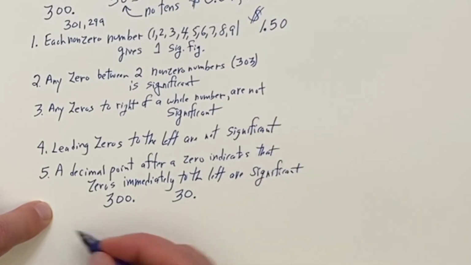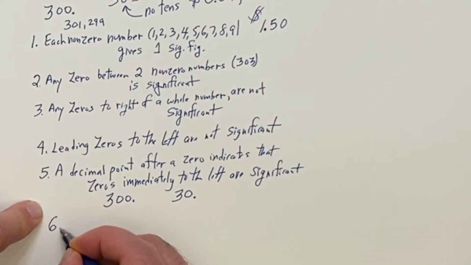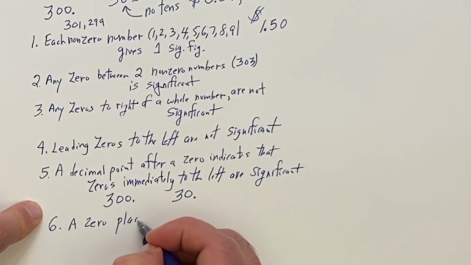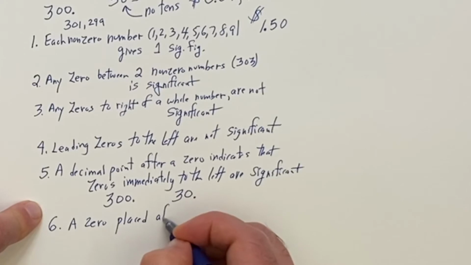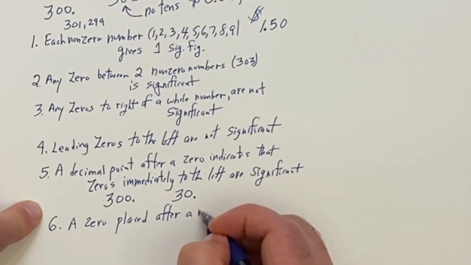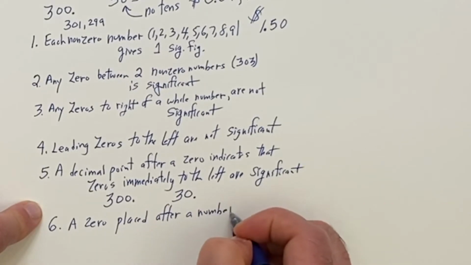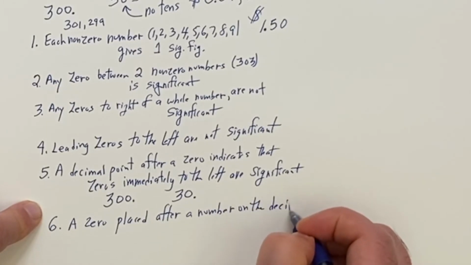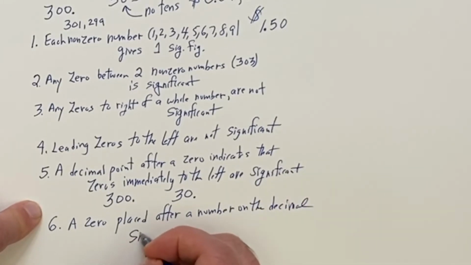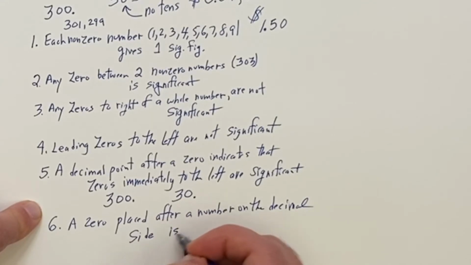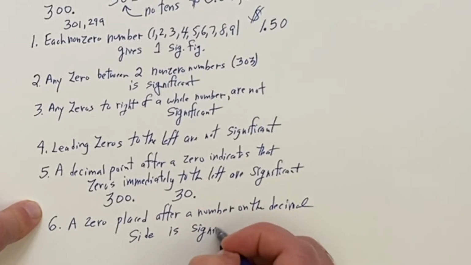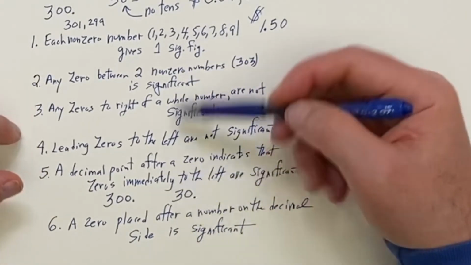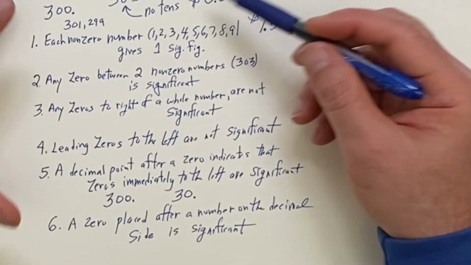So sixth rule, a zero placed after a number on the decimal side is significant.